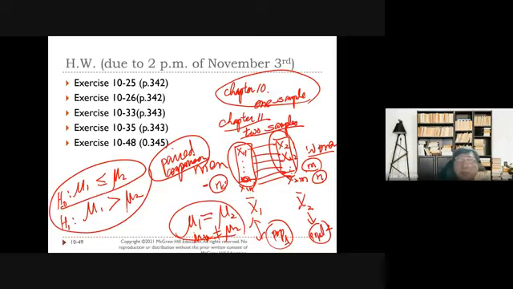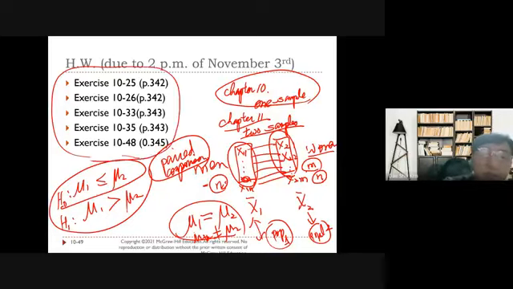Such hypotheses are tested from random sample analysis. I hope everybody understands chapter 10. If you do not understand chapter 10, chapter 11 will be more difficult. Try to solve these 5 questions and submit your answers next week.